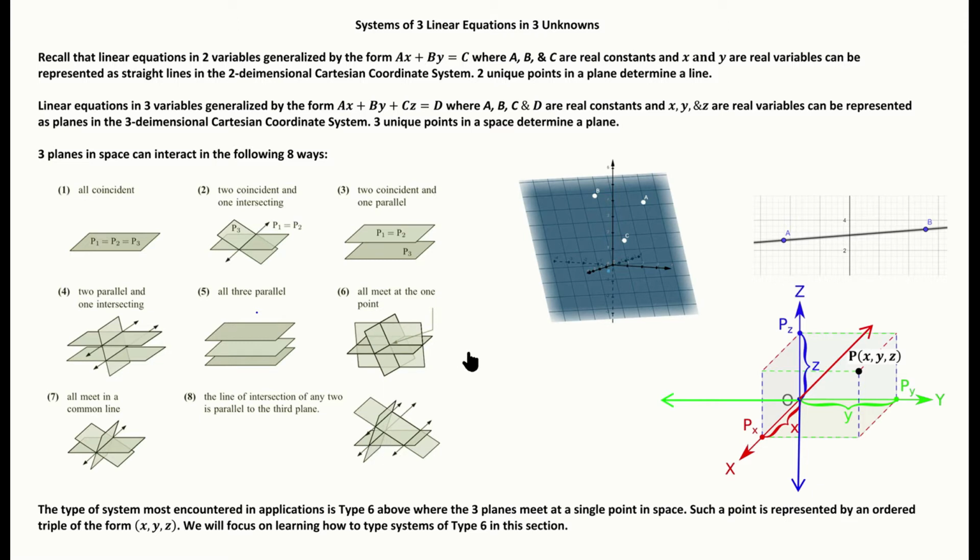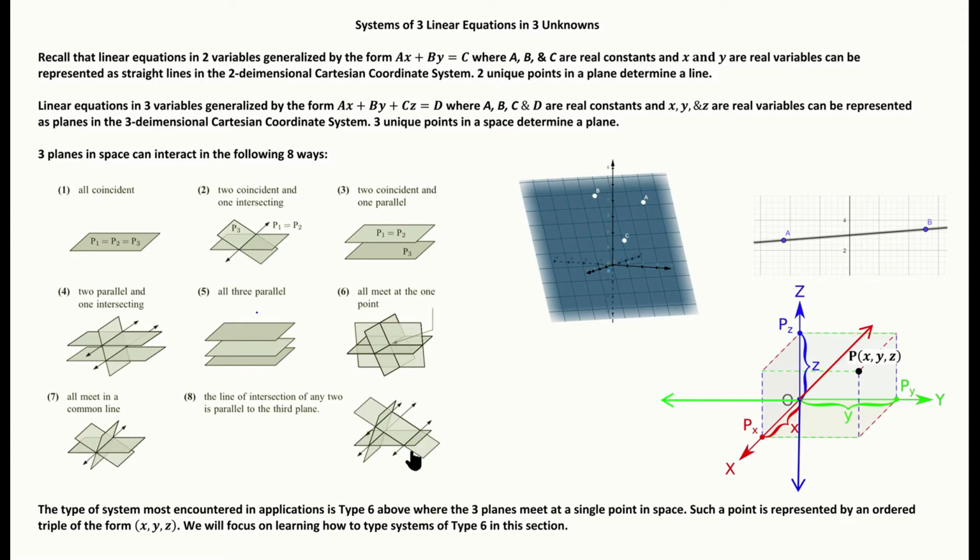So the only planes that would actually have solutions would be this one, which would have obviously infinitely many solutions, same as this one. Number 6 would have only one solution because the 3 intersect at one point. And this again down here, number 7, would have infinitely many solutions as well, all the points on that intersection line.